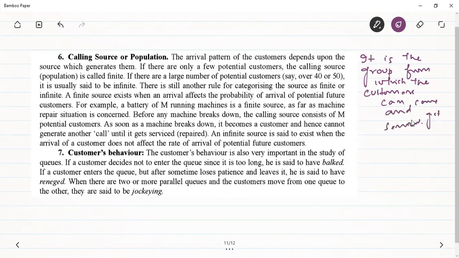Okay, so calling population is the source of the arrivals. लोग कहाँ से आ सकते हैं. Okay, so this calling population can also be finite or infinite.